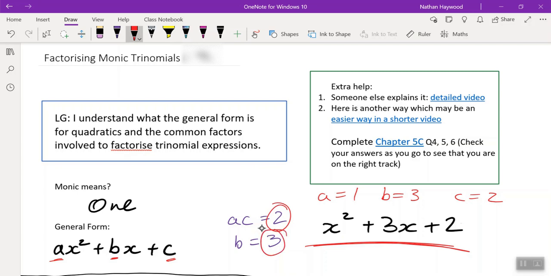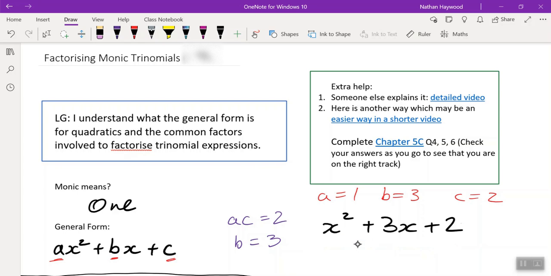Two numbers that multiply to get the AC and add to get the B. That multiply to get to 2. There is literally only two numbers. 2 and 1. And when you add those two numbers together, 2 and 1, what do they make?